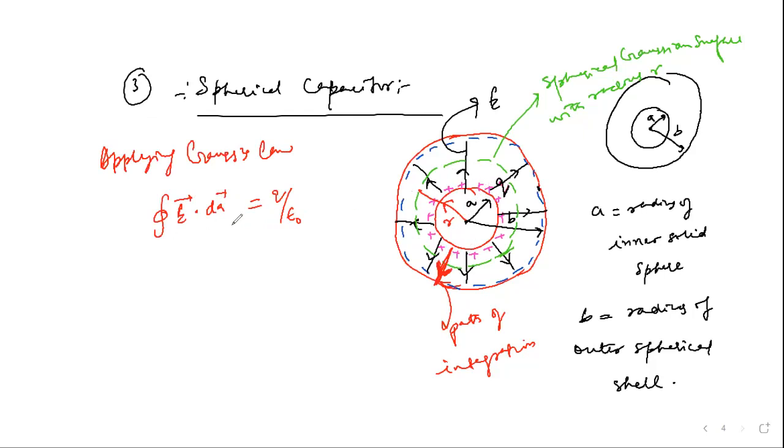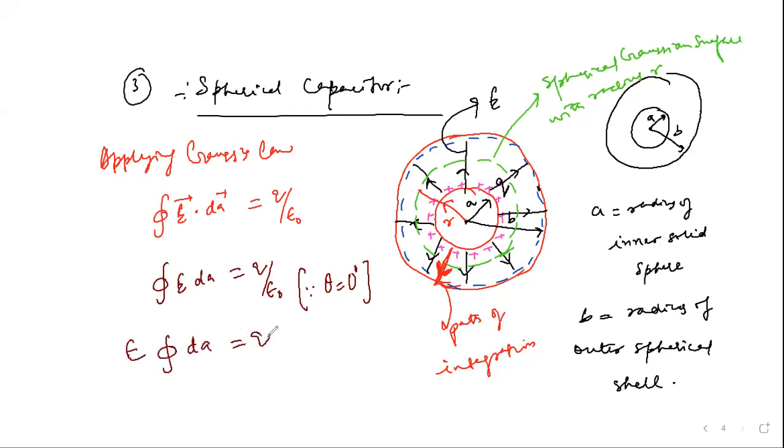E dot dA is just E dA. So it becomes closed integral E dA is Q by epsilon naught, cos theta is 0 degrees, theta being the angle between the electric field and the area vector. Then E can be taken out.